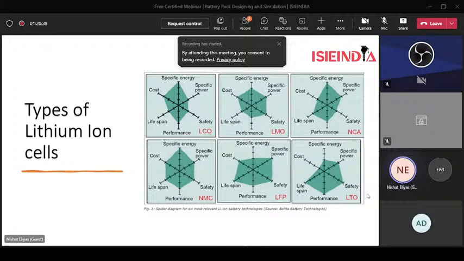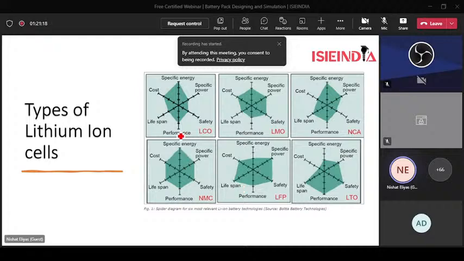Various parameters differentiate them: the cost of production, how much specific energy and specific power a specific chemistry gives, the lifespan, that is, how many charge cycles the cell can go through, how much time one charge cycle takes, and how safe it is, that is, whether it heats up when we put a load on it and at what rate.